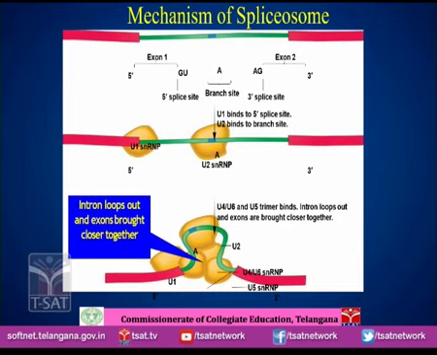The middle line is the intron, and the red lines are the exons.